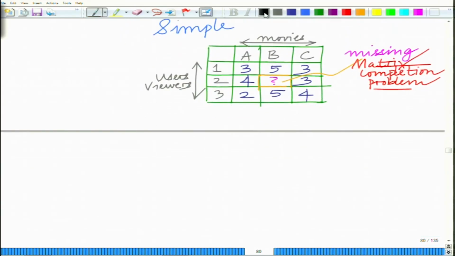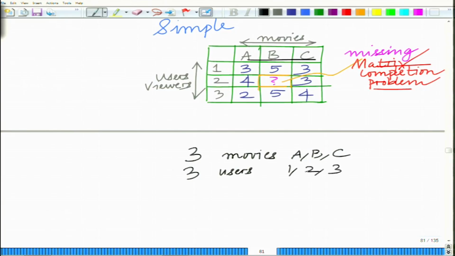And how do we address this matrix completion problem? Well, there are 3 movies A, B, C, and three users. How many ratings are there?